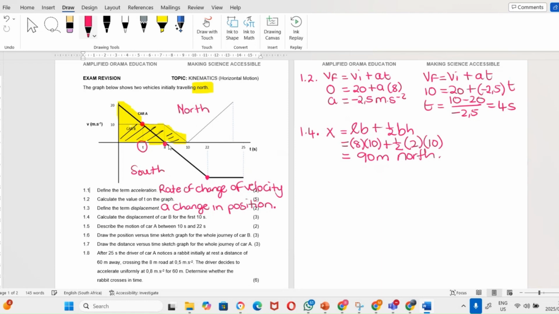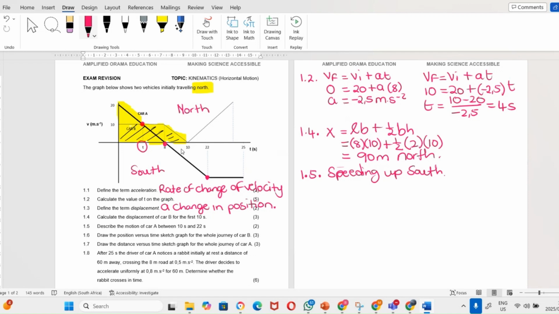So since the graph is drawn below the x-axis, car A is traveling south. And so there we would say that for 1.5, speeding up south. It is definitely speeding up south.